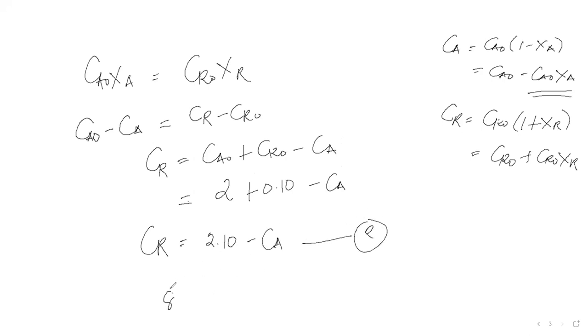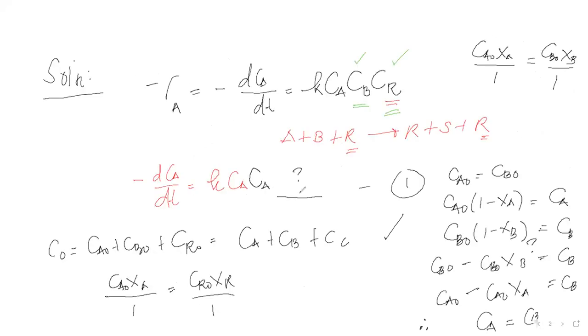So you substitute 2 to 1. You go back here, this one. So this would be now your C sub R. The C sub R would be now 2.10 minus C sub A. So I have this. So what would it look like now?